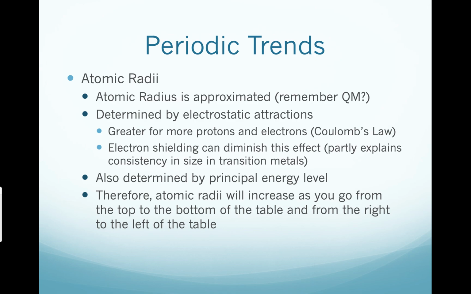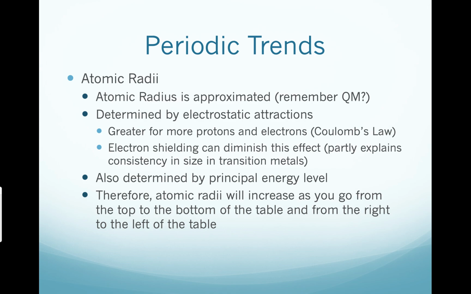But the reality is as you get more protons, the stronger the nucleus's charge becomes, and the stronger the pull it has towards those electrons. So actually, as you go left on the periodic table, the atomic radius gets bigger because the nucleus has less strength.